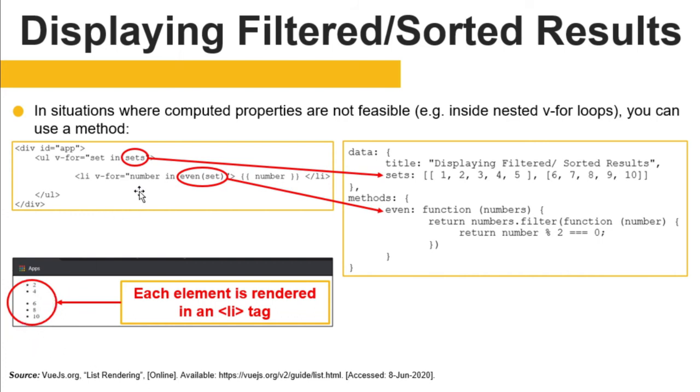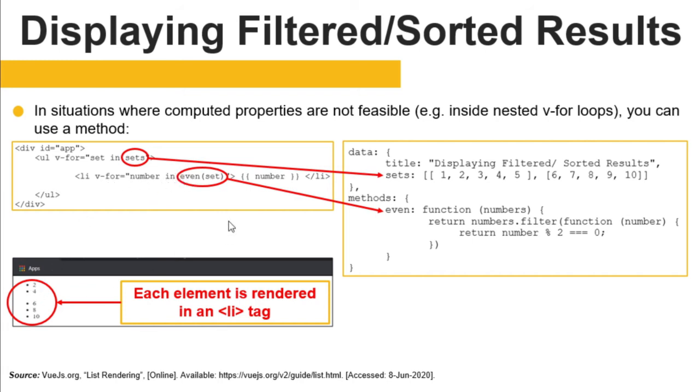For the first iteration of li, we will be able to move through each element of the first set from numbers 1 to 5. This will be rendered repeatedly until it finds all even numbers for that particular set, then rendering in separate lis.